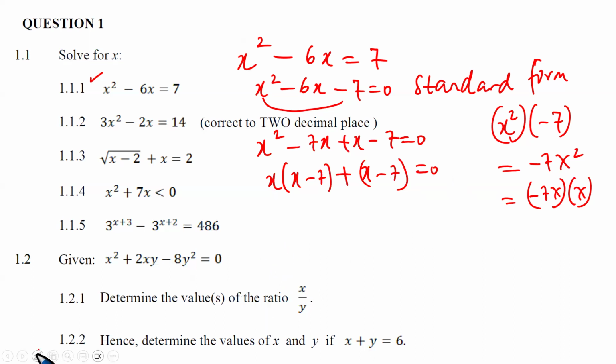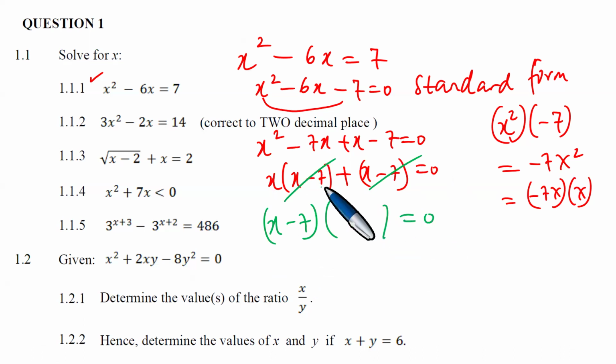We must remove one bracket. So factor out one bracket. We take out the x minus 7, and then I'm just crossing it out deliberately because then you can see we're left with only x plus 1. And then this is x equals 7 or x equals minus 1.